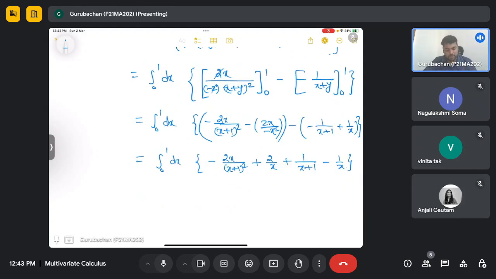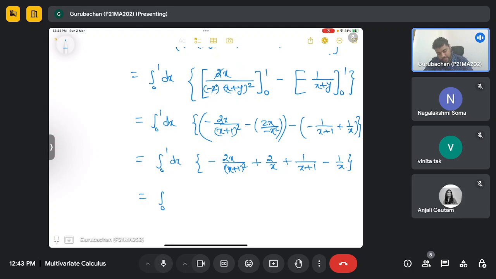Now we have to integrate with respect to x also. Before that, we can simplify it a little, or you can say we can directly integrate. Here in the denominator we have (x plus 1) whole square, and above we have 2x. So we need a numerator which is the differentiation of this particular denominator, and the differentiation of the denominator is 2 times (x plus 1).